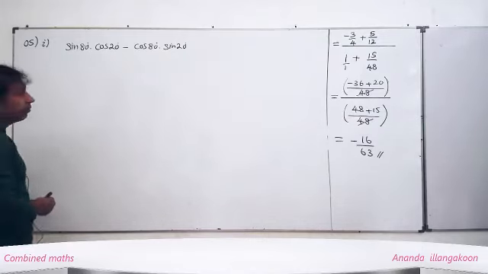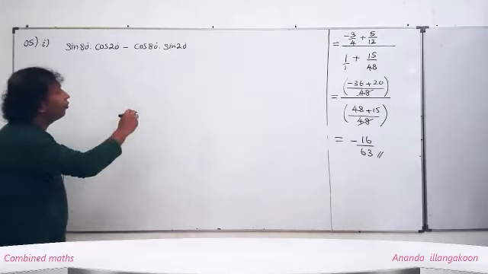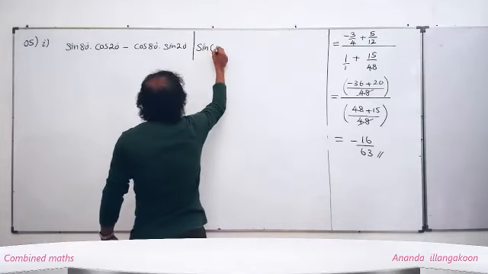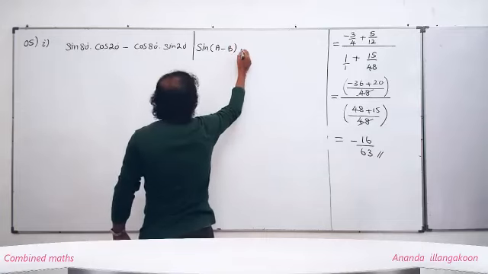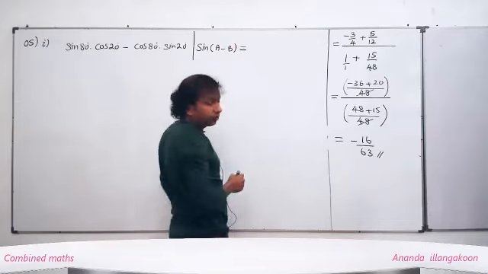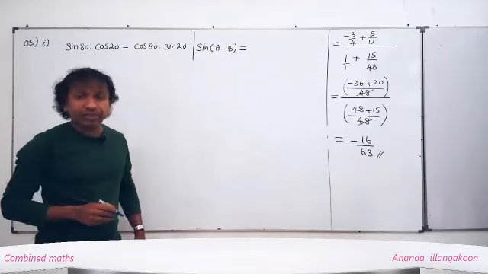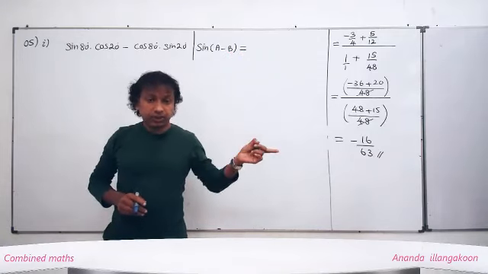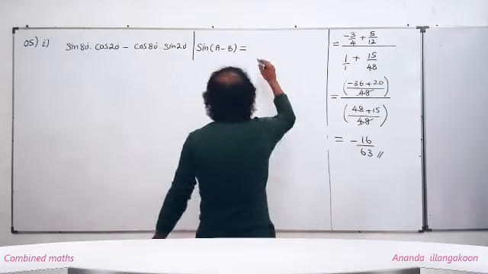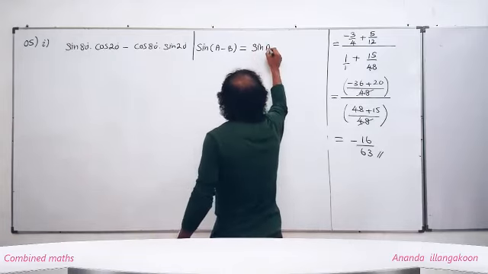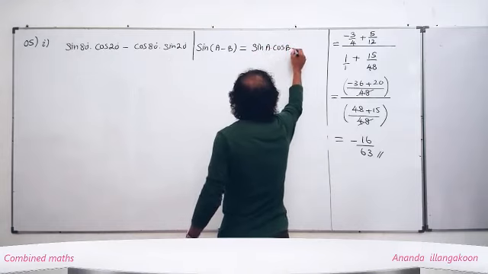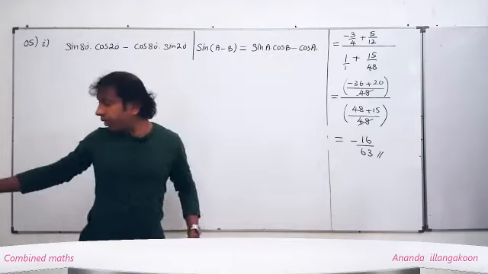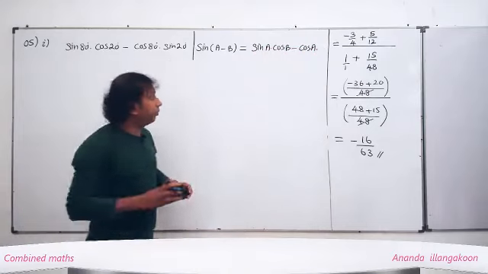Can you remember the formula for sine A minus B? Sine A cos B minus cos A sine B, no? Yeah. Sine A cos B minus cos A sine B.